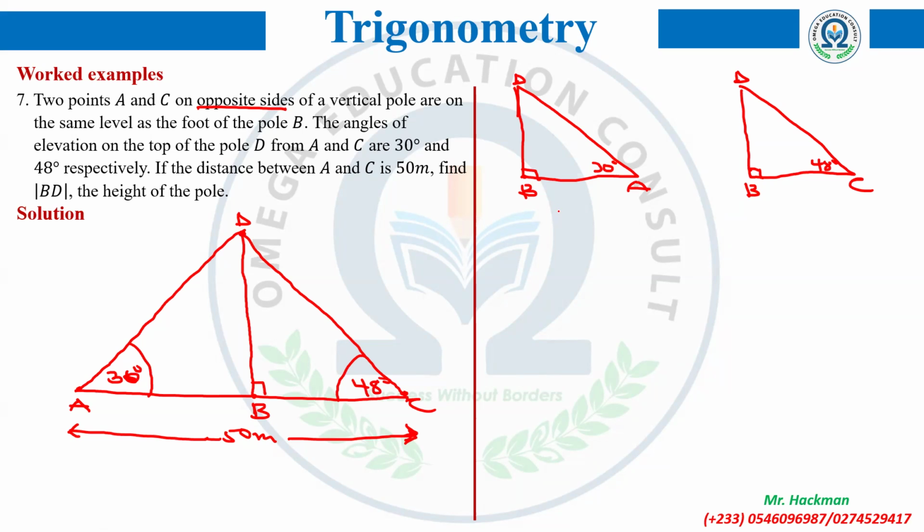Okay, so now what do we have? So let's go. I don't know, so I'm calling this X. Is that clear? So this will be X. If this is X, what do you think will be the length of this side? It will be 50 minus X. Do you all agree?